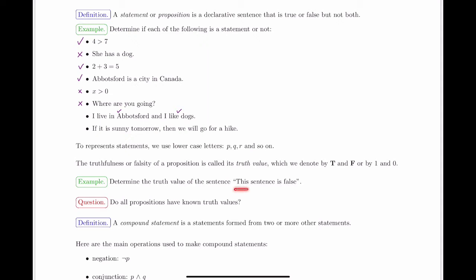Let's take a look at this sentence. And we're asked to determine the truth value. So we're asked to decide whether it's actually true or it's false. The statement here is, this sentence is false. Well, how can we go about analyzing something like this? First, we can decide that there are, of course, two cases.